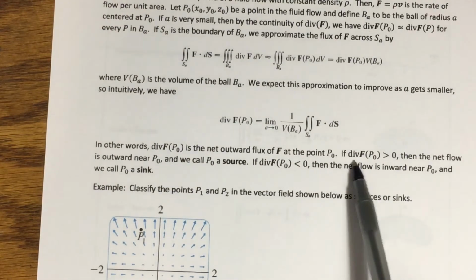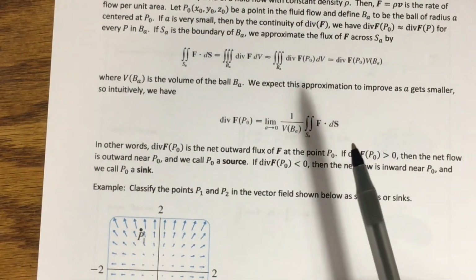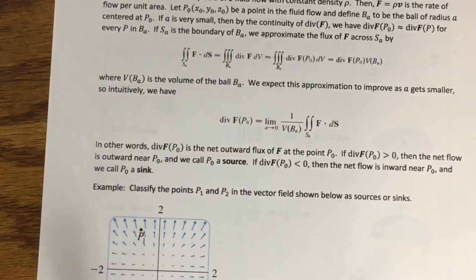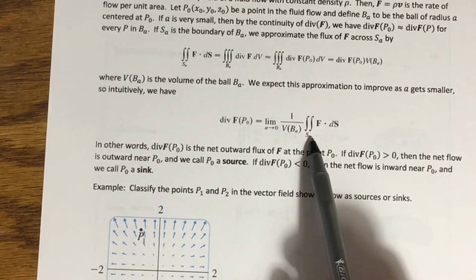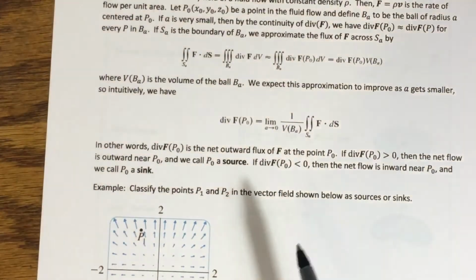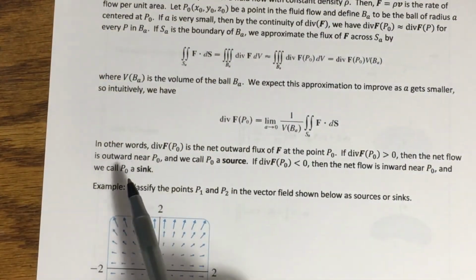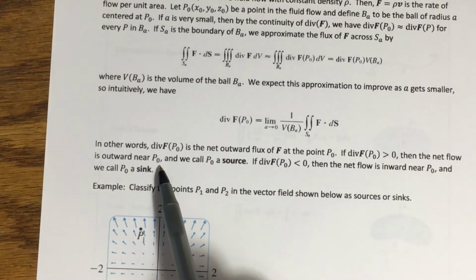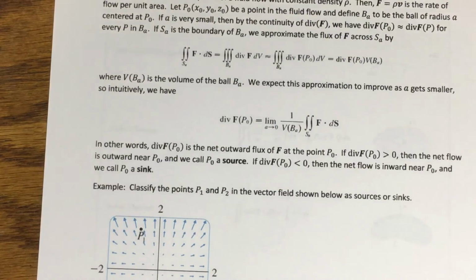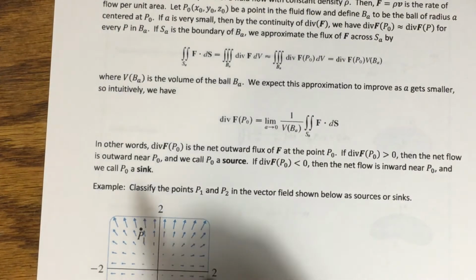And if the divergence of F is positive, that means that the fluid flow is moving closer to parallel to the unit normal, and because this is oriented outwards, we interpret that as meaning that the net flow is outward near that point. And in those cases, we refer to P naught as a source. I've talked about that when we talked about divergence back in 16.5.